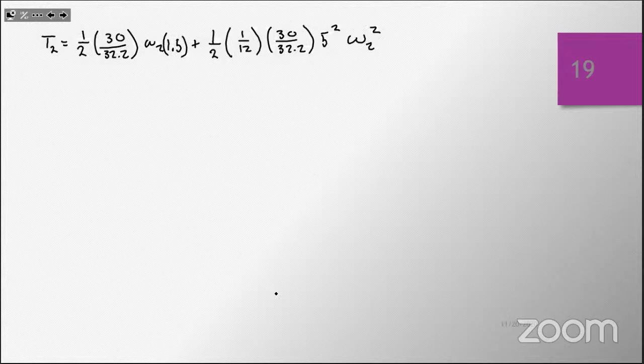This r here is 1.5, right? It's the distance from the axis of rotation to the center of gravity. This whole thing is also squared. So it turns out if you run the numbers, we just get 2.019 omega 2 squared.